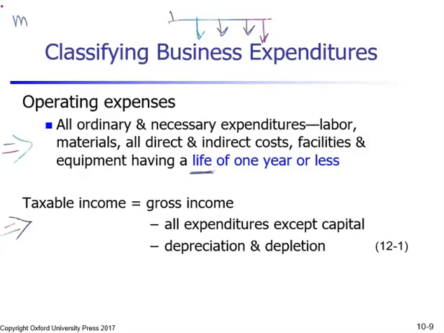Okay, but for taxable income, you have your gross income minus all these operating expenditures that we talked about. But here it is telling you shouldn't put the capital expenditure, and we have talked about capital before, because it is not considered an operating cost when you, for example, buy a machine for $1 million.